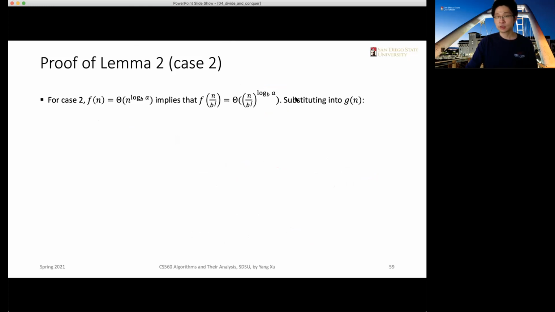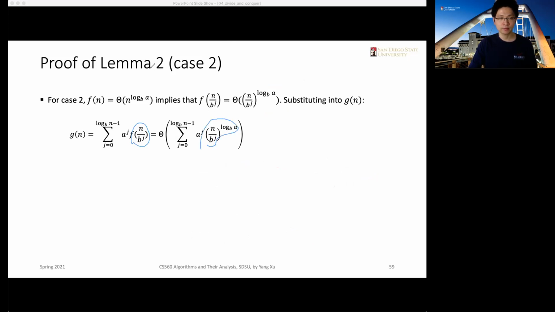We can do the same substitution into g of n. It's still the magic to replace f with this term with j. So again, we turn it into some geometric series.